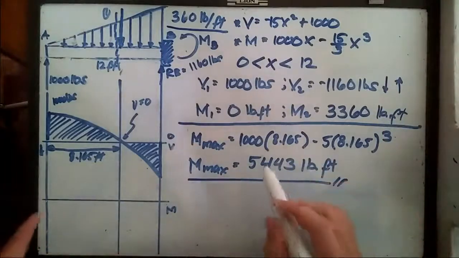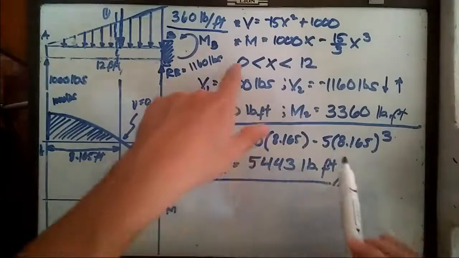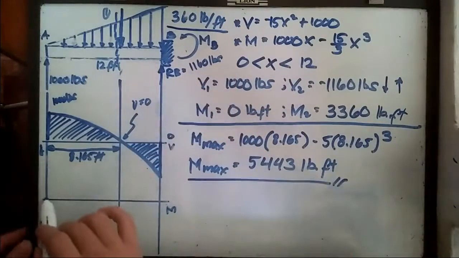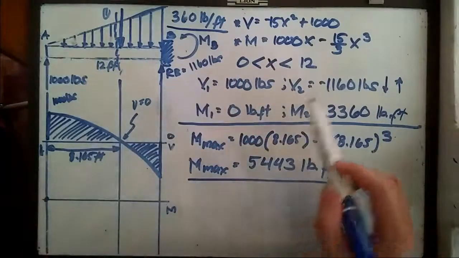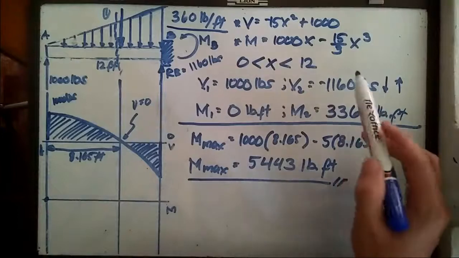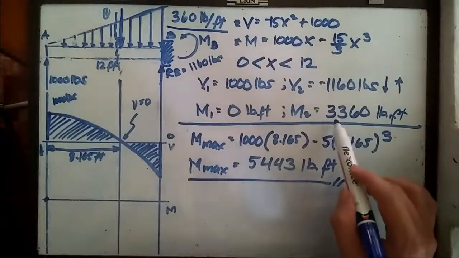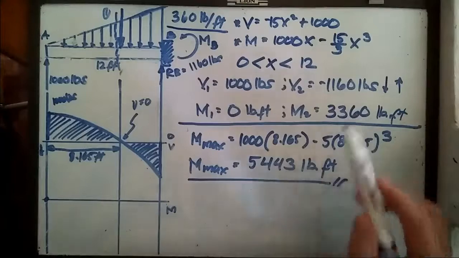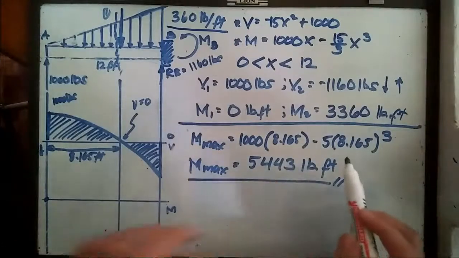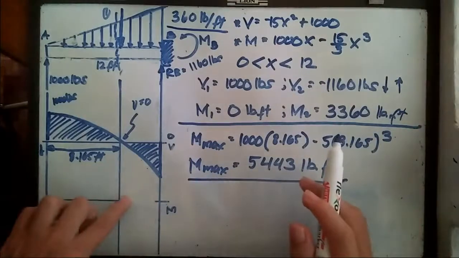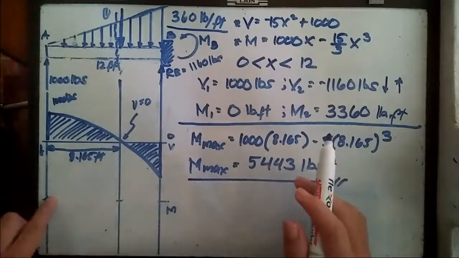Okay, so let's try to graph this one. Our first value for the moment, if we replace x by 0, is 0. So we're going to start here, and replacing it by 12, that was positive 3,360. Okay, but before that, we need to graph first this 5,443 pounds. So let's move a bit downward.